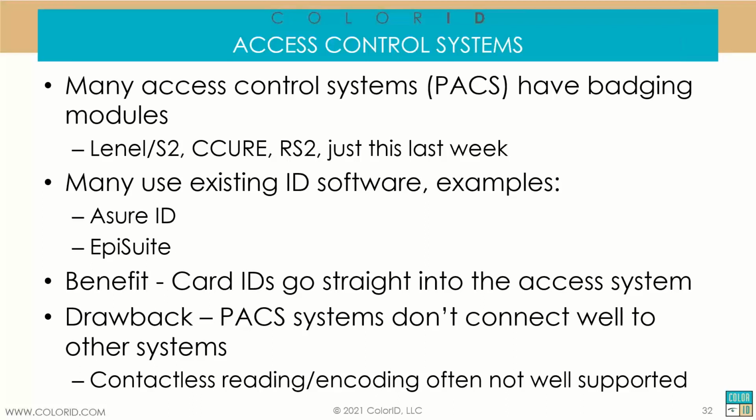These pretty much use desktop software, and you install the client for Lenel or Secure, and there's a badging module you access. It's often an existing ID software product that's been white labeled and integrated into the access control system like AsureID or EpiSuite, which is a really old software. We encounter that more times than you would expect.